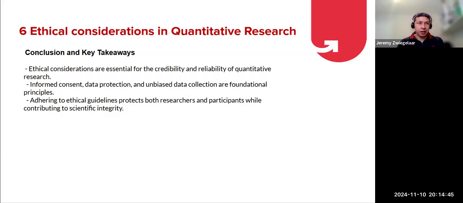You're going to ensure that the process of selection of your data is unbiased, and that's important from the perspective of quantitative research. You need to adhere to the guidelines to protect both researchers and participants, while contributing integrity to your whole program as well as your DBA.